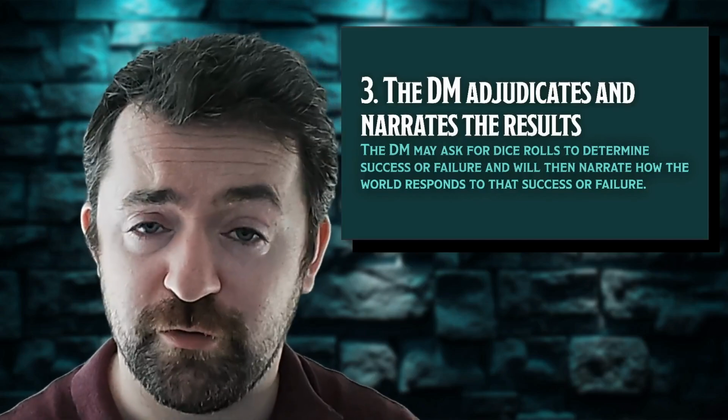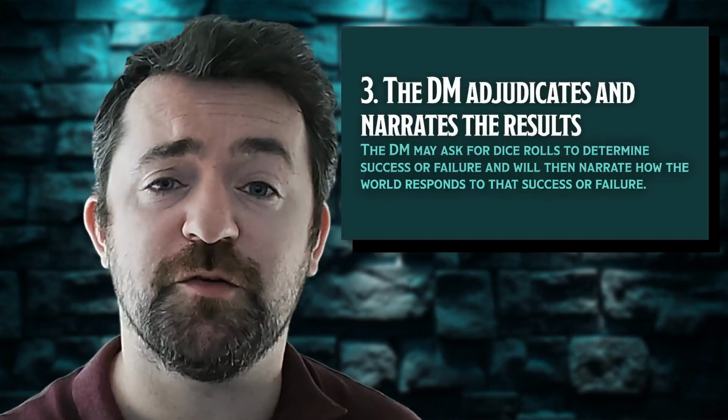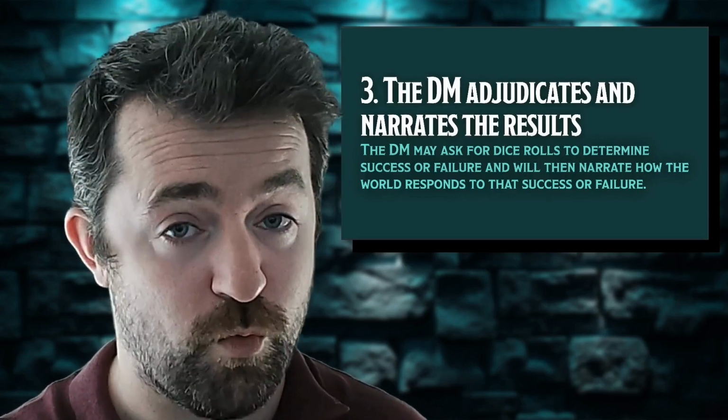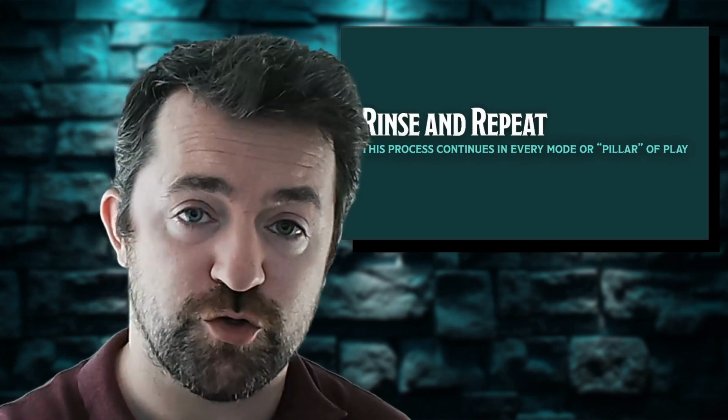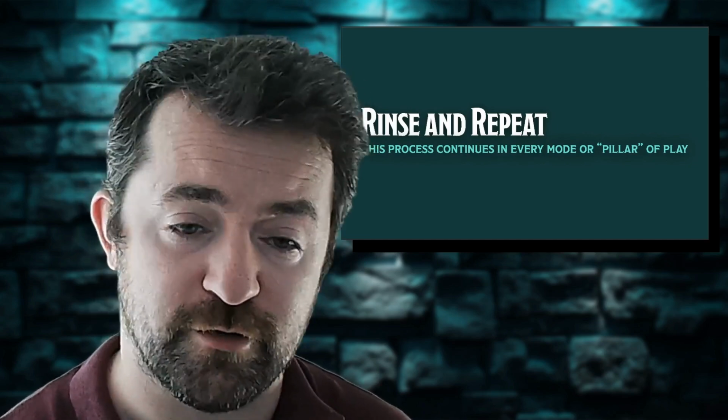And then, after all of that has played out, the Dungeon Master will simply then ask, once again, what do you do? And this is where we begin to rinse and repeat this cycle.